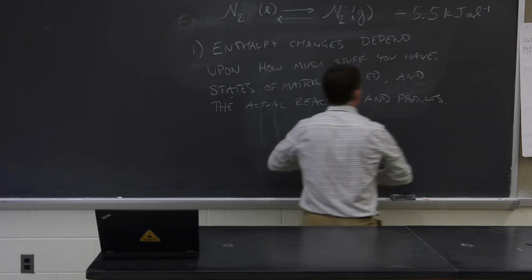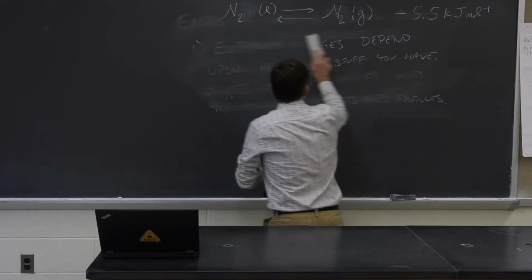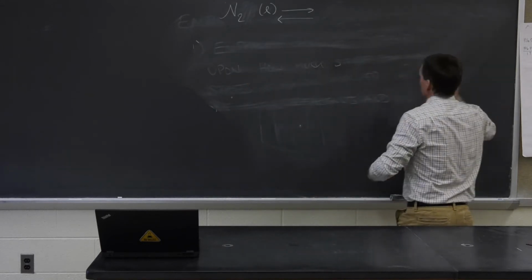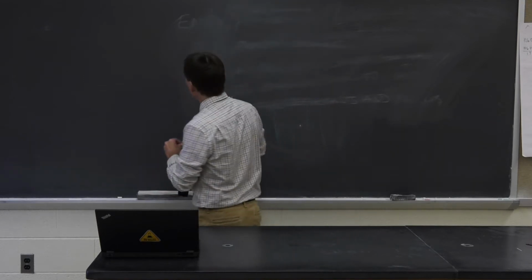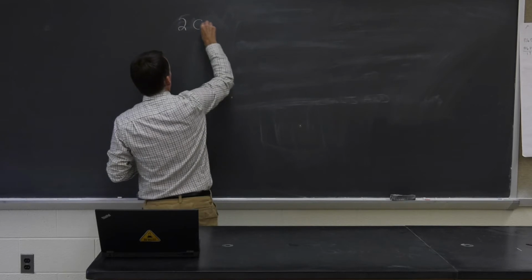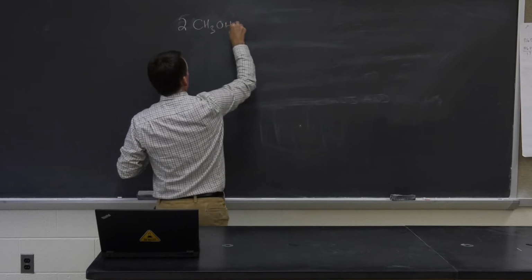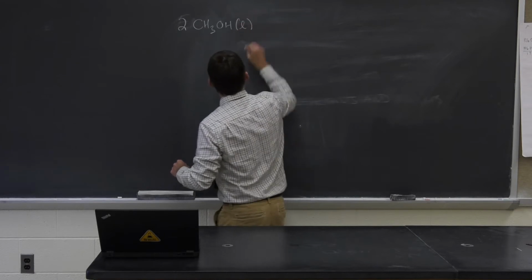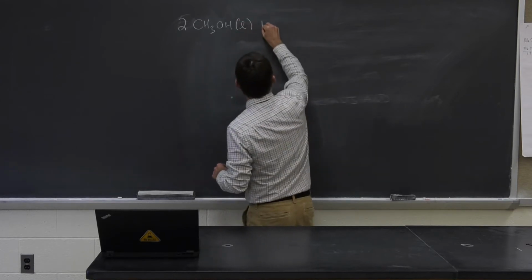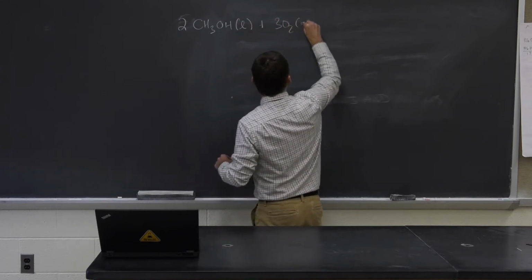All right, I'm going to write a couple of chemical reactions here on the board with their associated enthalpy changes. We're going to have 2 methanol, which is an alcohol, and I'll need to include the state. It's going to be a liquid, plus 3 O2 gas.